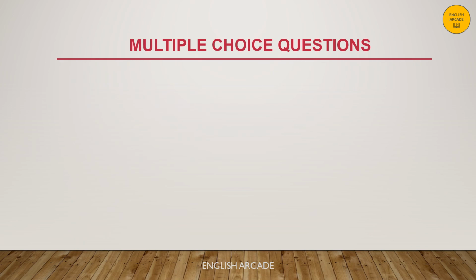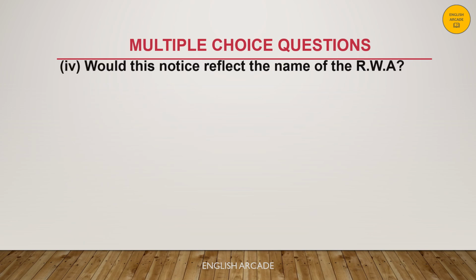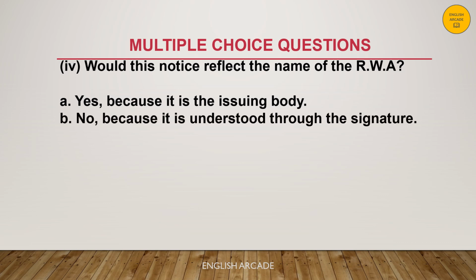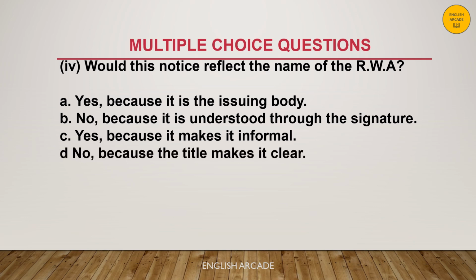Question 4, based on the same extract. Would this notice reflect the name of the RWA? Option A, yes, because it is the issuing body. Option B, no, because it is understood through the signature. Option C, yes, because it makes it informal. Or option D, no, because the title makes it clear.